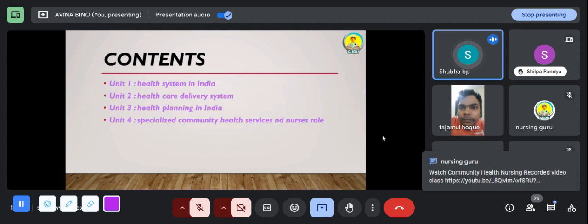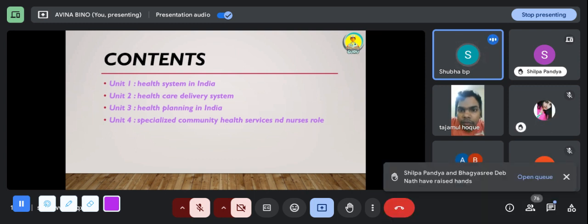So we have central level and state level. Central hospitals are there, and government hospitals are also there. In central hospitals the service is different, and in government hospitals the service is different. So in unit 1 you should study what are the services given in central hospitals and what are the services given in government hospitals.